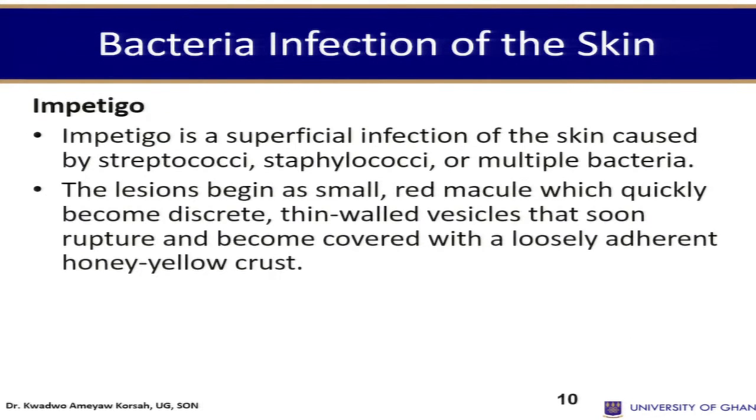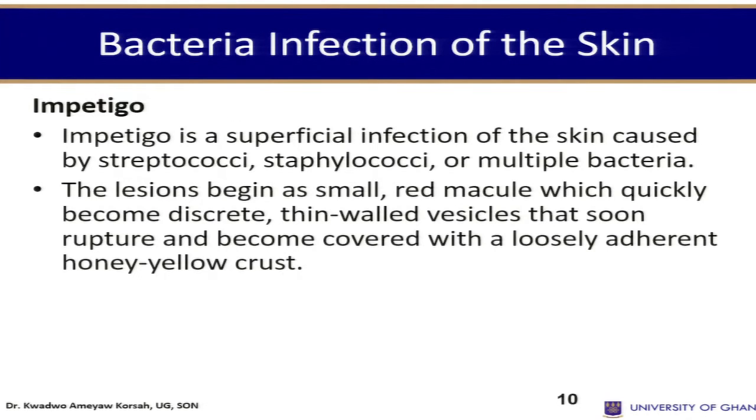So impetigo is a superficial infection of the skin caused by streptococci, or we can have staphylococcus, and multiple bacteria. The lesion begins as a small red macule in which we can have discrete thin-walled vesicles that soon may rupture and become covered with a loosely adherent yellow crust, and it looks like honey.